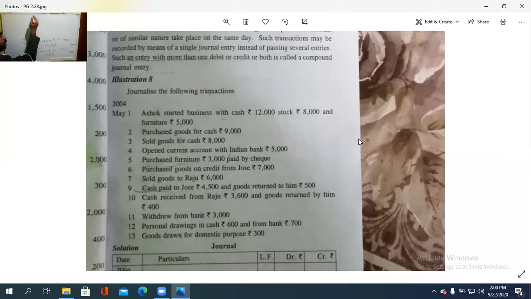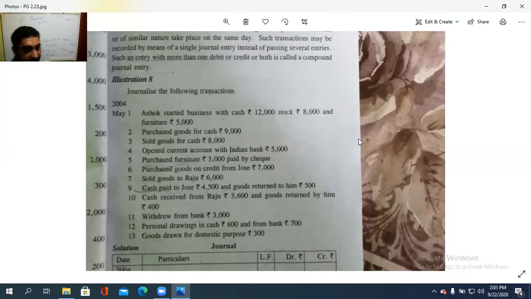So either Indian Bank account or bank account debtor to cash, that is depositing 5,000. So which day it is? 4th. Then next is 5th.